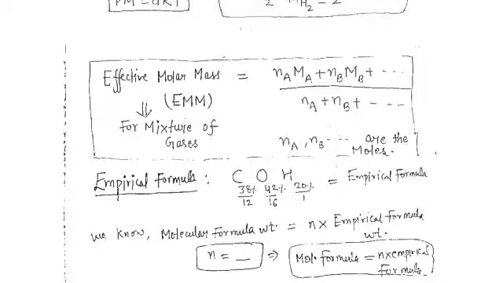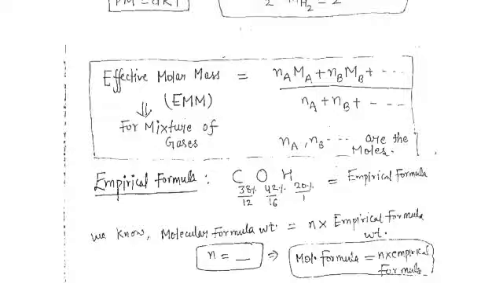Oxygen, say 42 is given, then we divide by 16. Similarly hydrogen, 20% given, then we divide by its weight, that is 1. Now when we calculate this ratio, we are actually reaching the empirical formula.